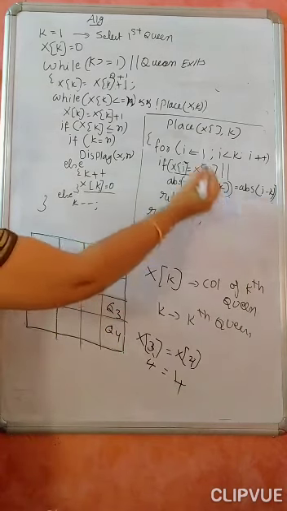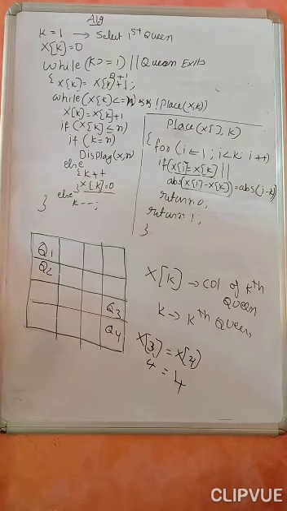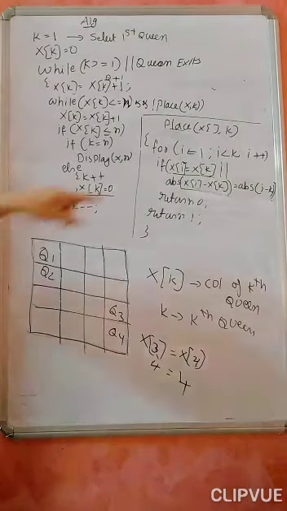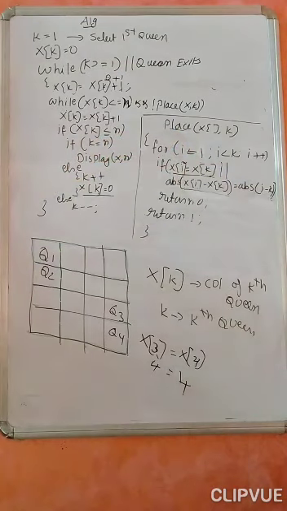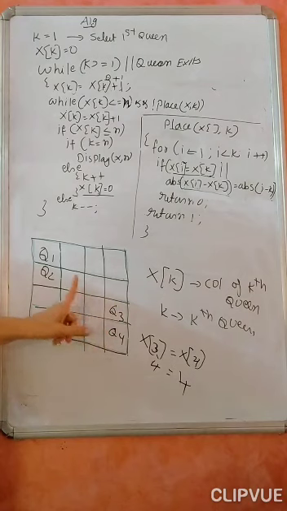So that is what we are checking here. Place is the function where you check whether there is any vertical attack or any diagonal attack.